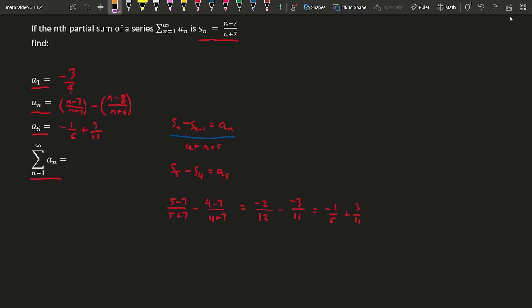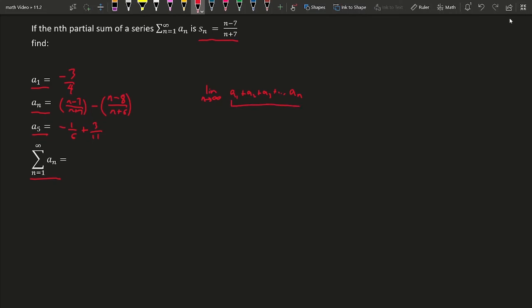Lastly, let's solve for the sum of the series from n equals 1 to infinity of a sub n. This is going to be the limit as n approaches infinity of a sub 1 plus a sub 2 plus a sub 3 plus many more terms all the way to a sub n, which is going to infinity. So we know that this series is equal to s of n.